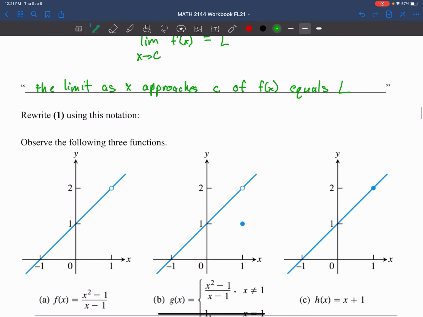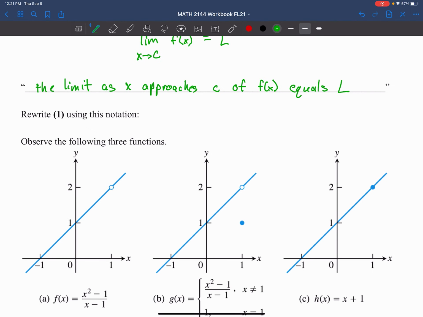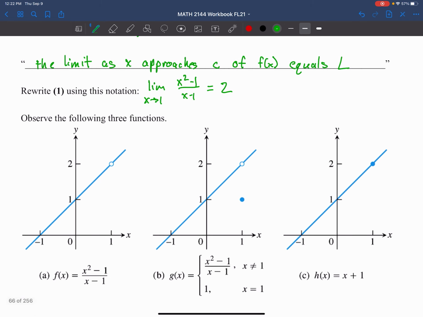We already did rewrite one using this last page. On the last page, we did that as the limit as x approaches 1 of x squared minus 1 over x minus 1 is equal to 2. We already did that on the last page, but I have it here for the sake of completion. So down here, we have three different graphs.